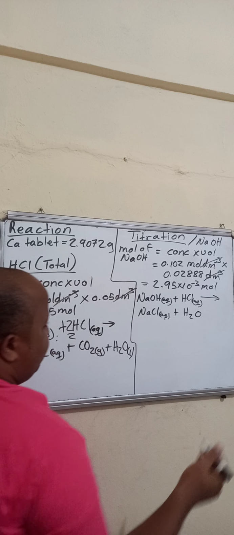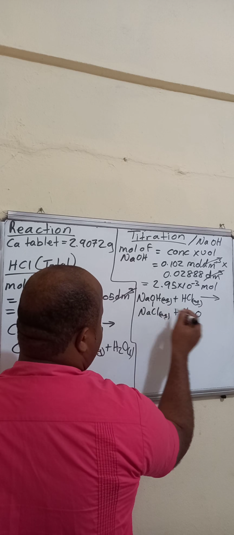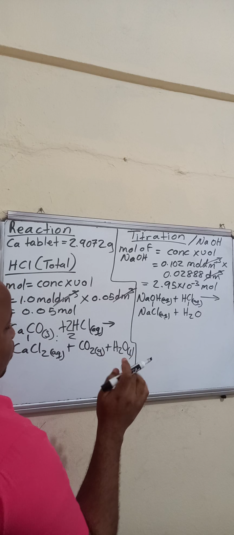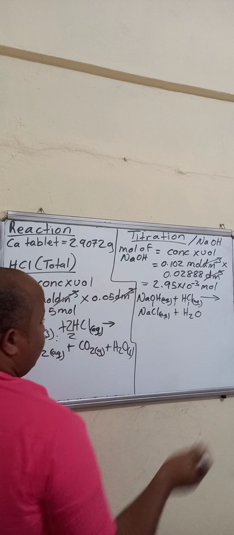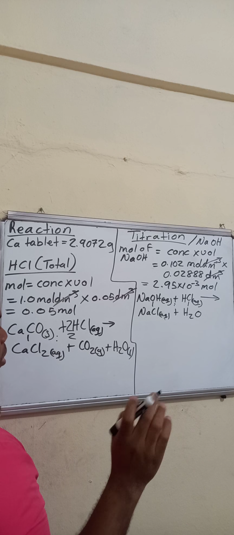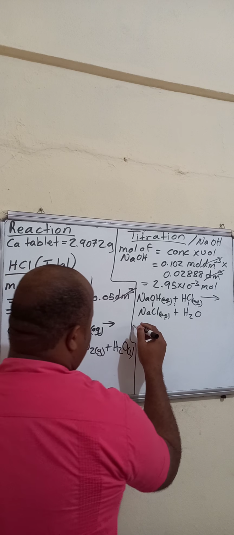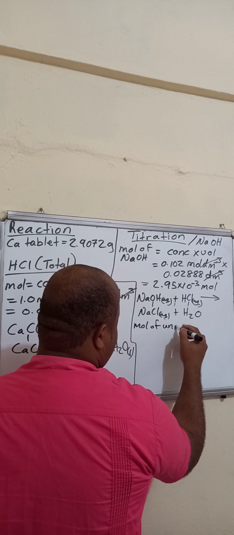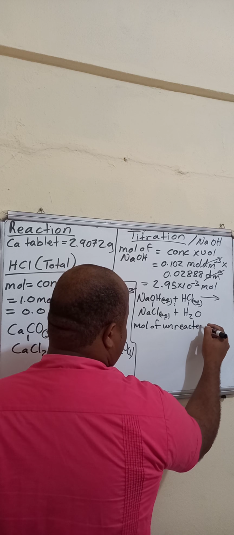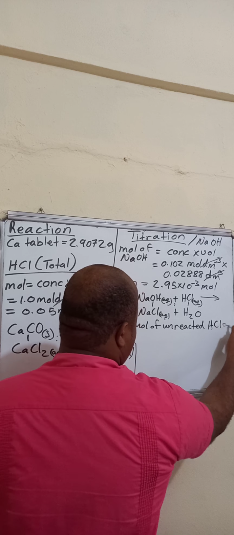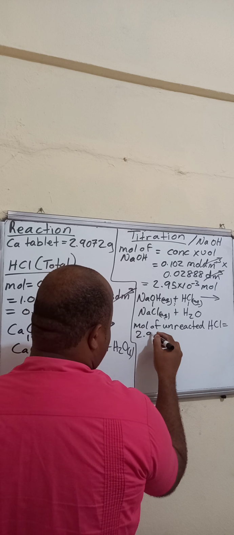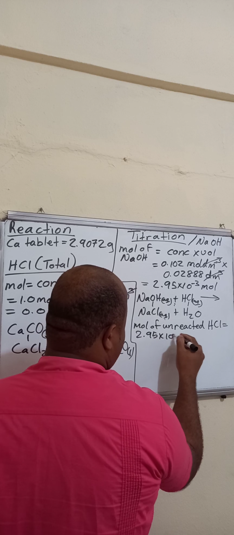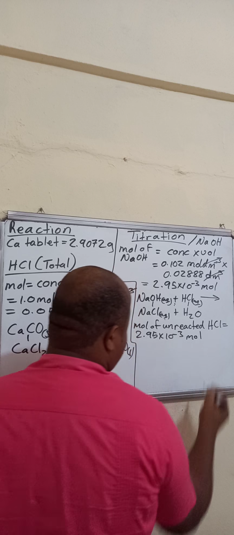Now we know the mole ratio between sodium hydroxide and HCl is 1 to 1. Alright? So if the mole ratio is 1 to 1, then the mole of unreacted HCl is equal to 2.95 times 10 to the minus 3 moles.